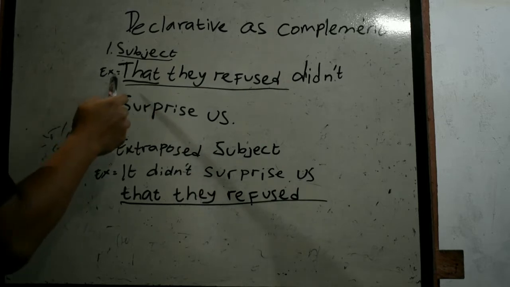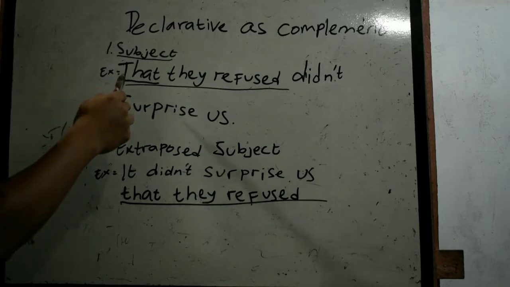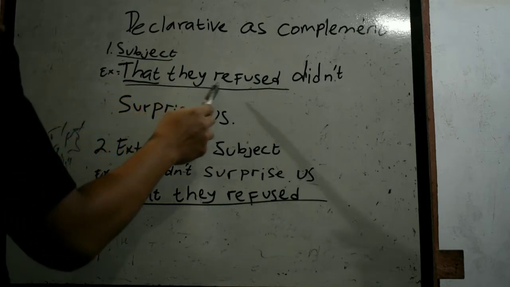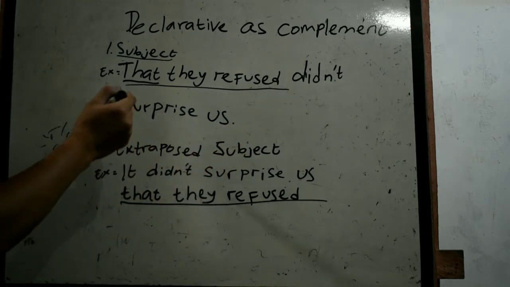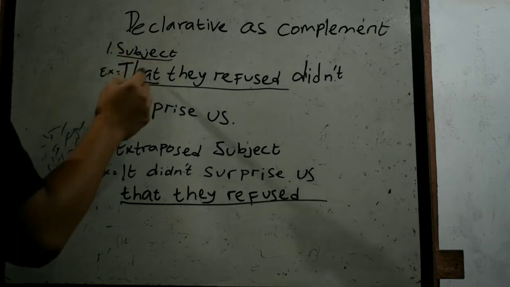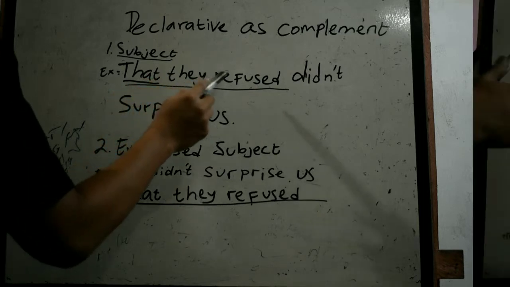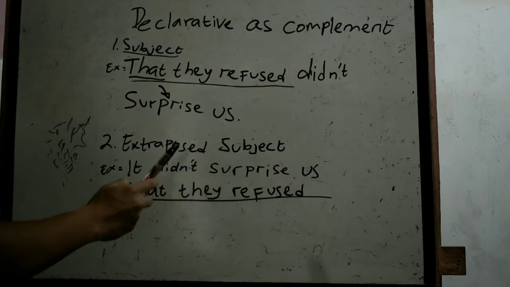So let's say this example: that they refused didn't surprise us. We know that this is the subject, so the first is that they refused, and then extra post subject.